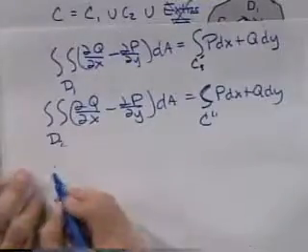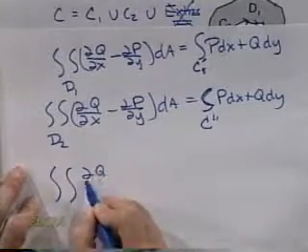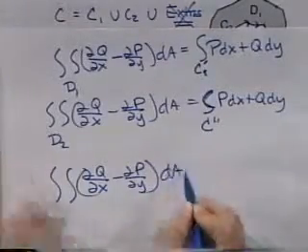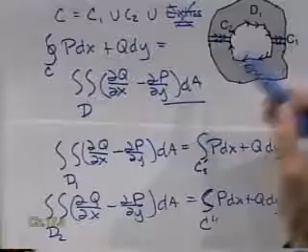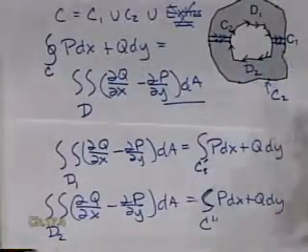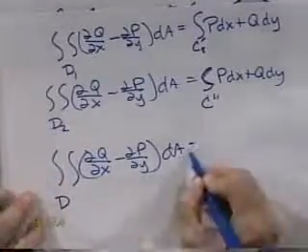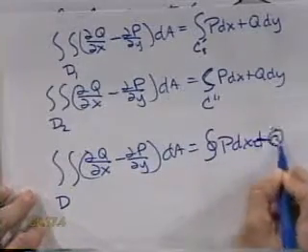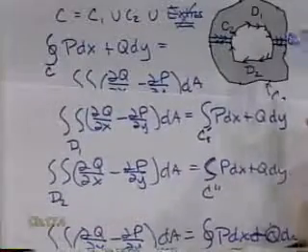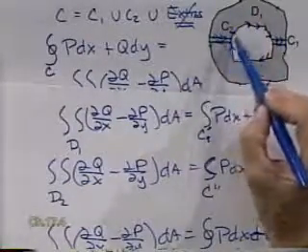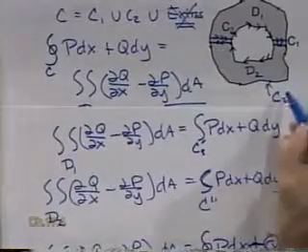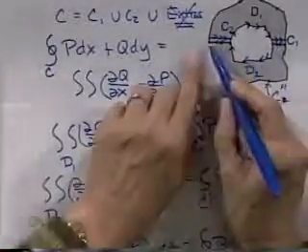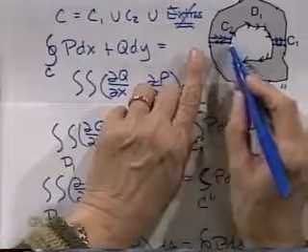Now if I add region D1 with region D2, what do I get? D. And if I add C prime with C double prime, the bottom guy, notice you have these two extra little pieces, but when you integrate over them, what happens to them?